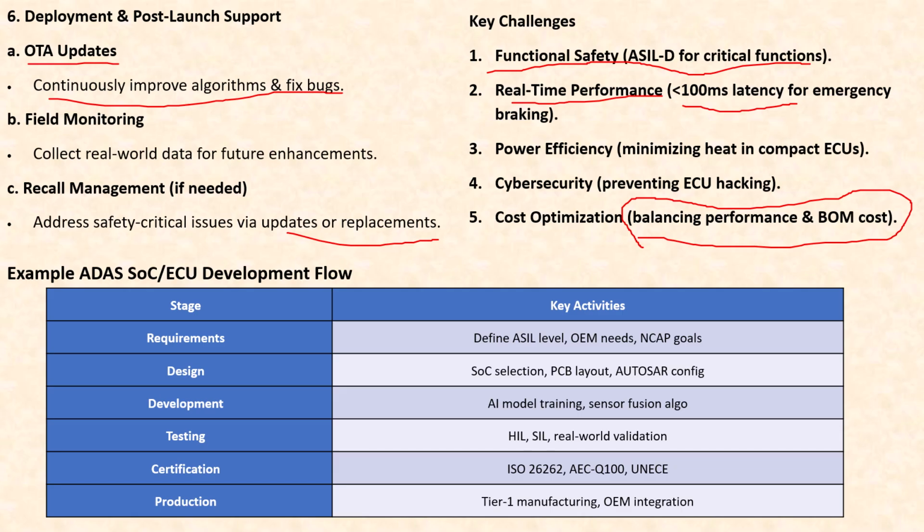Now let's see, as an example, the ADAS SOC development flow. First, you identify the requirements. What are the activities? You define ASIL level, OEM needs, and NCAP goals. Next is the design. You select the SOC, whether it is NVIDIA or Infineon or Texas Instruments, off-the-shelf or customized, and then you design the PCB layout and do the AUTOSAR configuration.